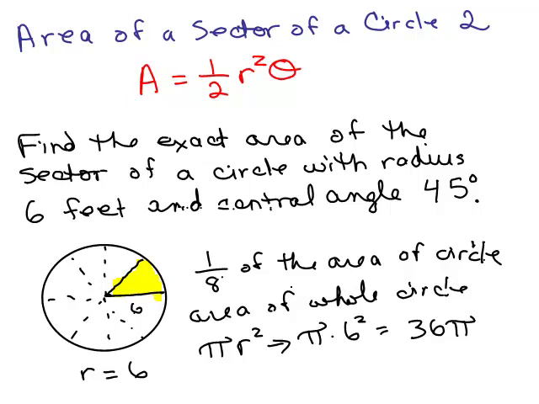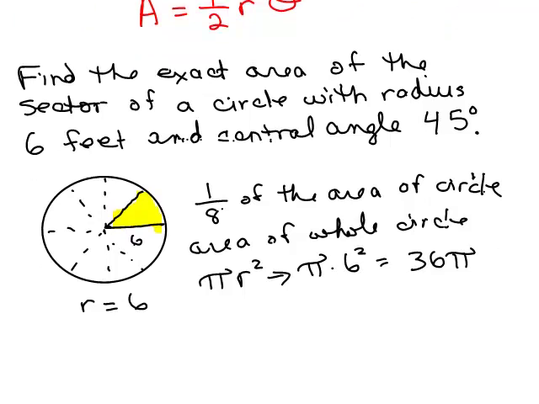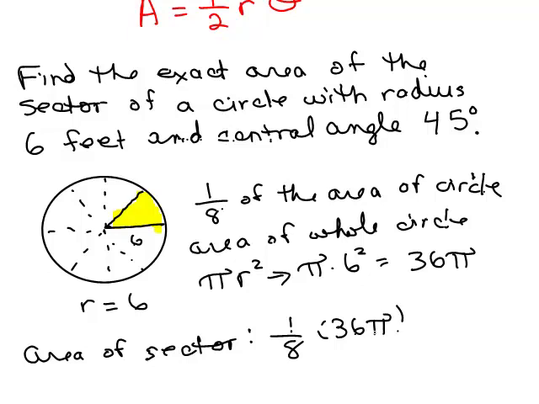So that's the area of the whole circle, but we only shaded 1/8 of the circle, so the area of the sector would be 1/8 of 36 pi, and then we can reduce. 4 goes into both of these numbers, and we get 9 pi over 2.